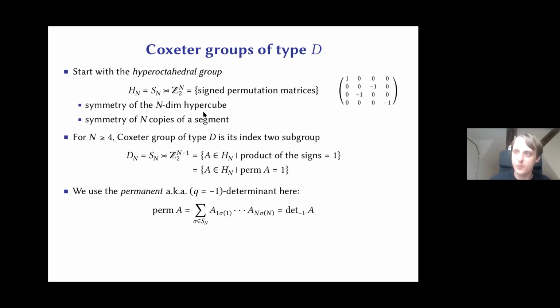If you do this quantum, then you obtain something that you would not expect, namely that the quantum symmetry of the n-dimensional hypercube is not free Hn plus. It's also not the classical Hn, but it's the q equals -1 deformation of the orthogonal group, because if you impose commutativity on this anti-commutative orthogonal group, then you get the hyperoctahedral group, which is kind of strange, but that's how it is.